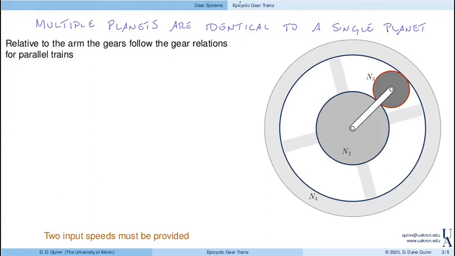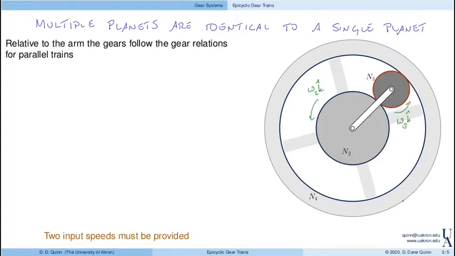Speaking of analysis, let's go and set this problem up. Each gear will rotate with angular velocity. So for example, gear 2 here is going to rotate with angular velocity omega 2 in the plus k direction. Gear 3, which is the planet, has omega 3 in the k direction.